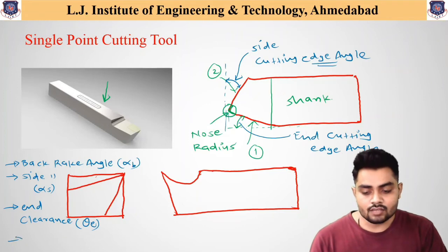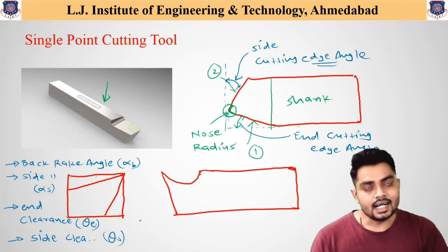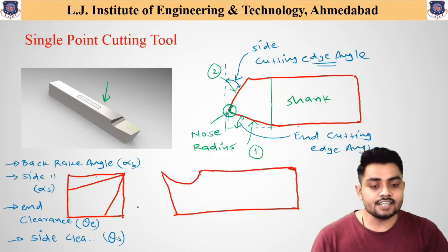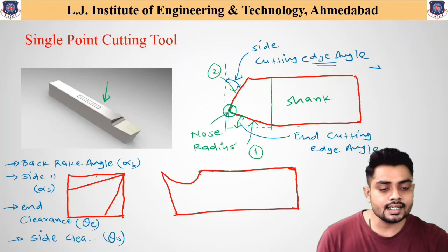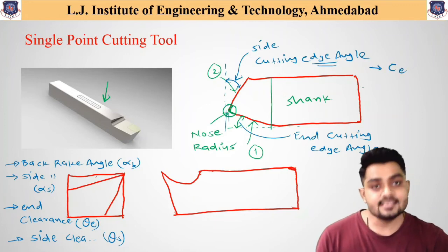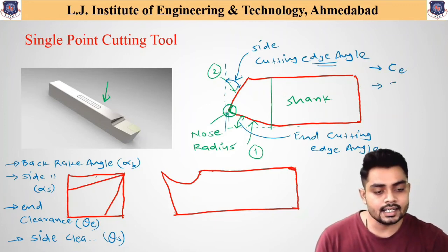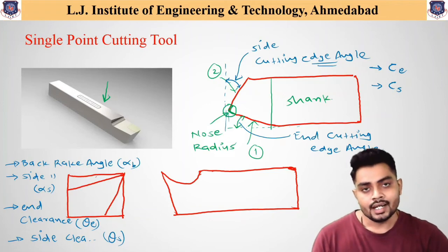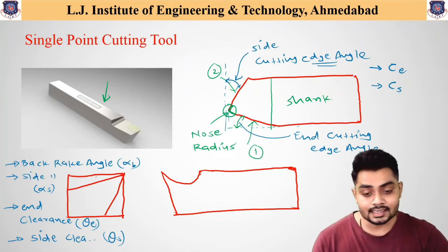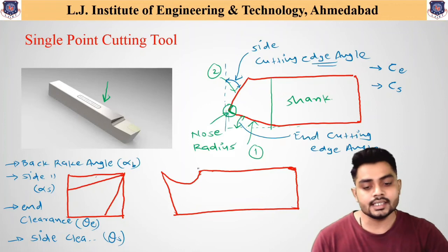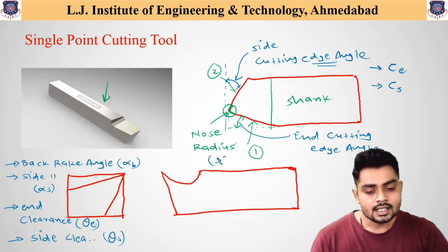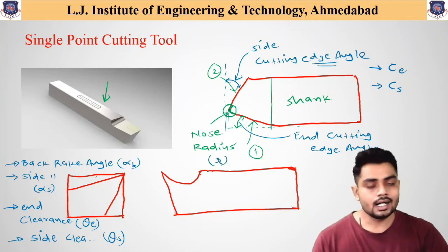The fourth that we have discussed, the side clearance angle, is indicated as theta S. The end cutting edge angle is indicated as CE, and the side cutting edge angle is indicated as CS. And the last important parameter is the curved portion, that is the nose radius, which is indicated as small r.